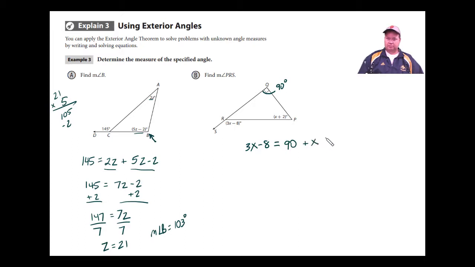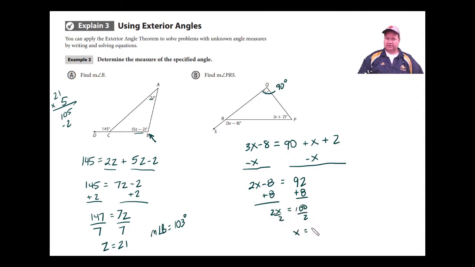And I'm going to do something here. I'm going to take away x, and at the same time I'm going to combine my terms on the right hand side. 92, and this is 2x minus 8, so we'll add an 8 and finish this problem off. 2x equals 100, so x equals 50.